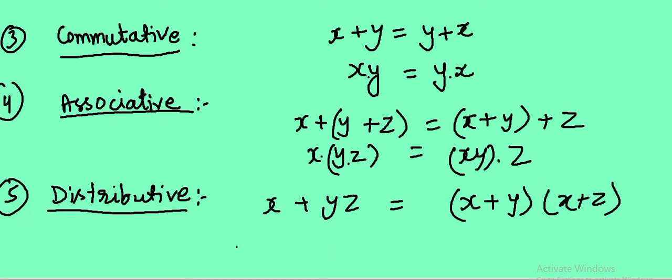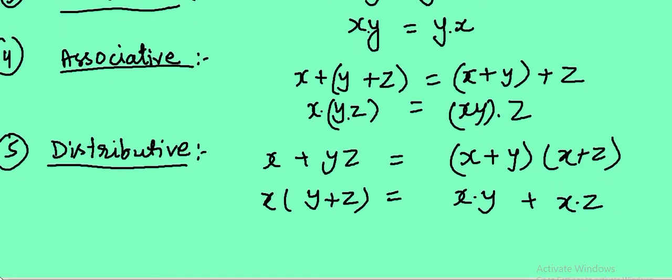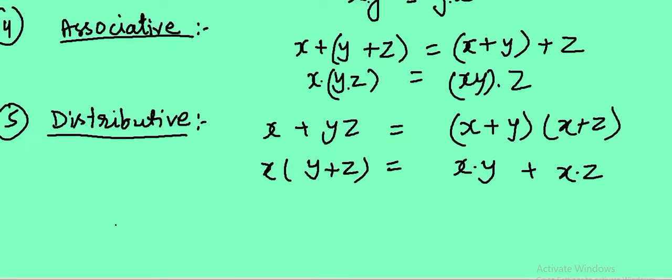Again, in the scenario x dot (y plus z), x dot y will be distributed to both variables. These are very simple laws.